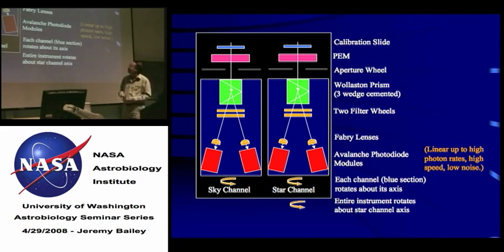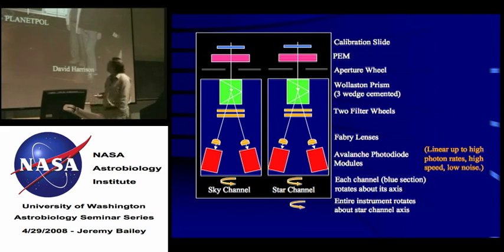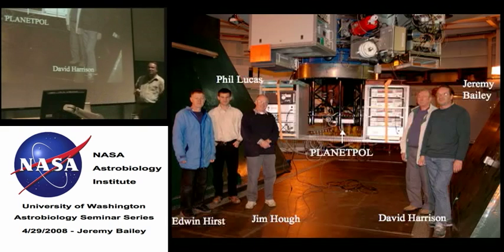So you need to work at very high photon levels. And so this is the instrument. It's just an aperture polarimeter, just measures the total polarization of a bright star. And this is the actual device, and the team sitting on the back of the William Herschel telescope, La Palma in the Canary Islands.